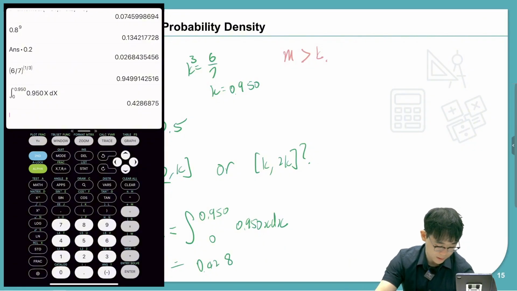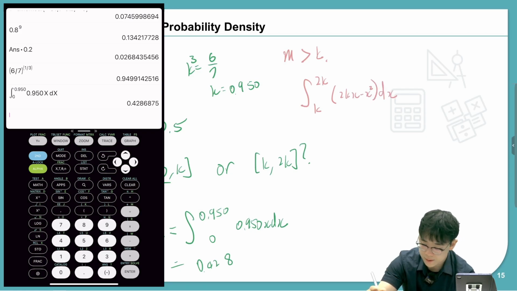So then we can find the integration from k to 2k of 2kx minus x squared dx. This should be 0.5 minus 0.428.